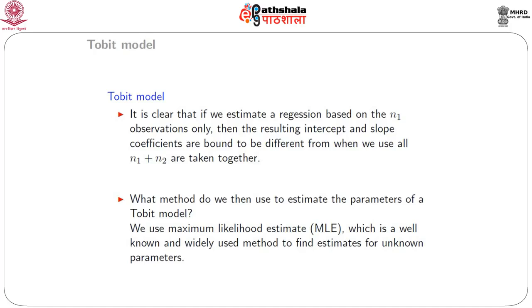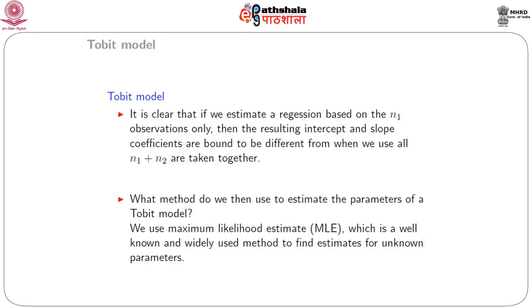So how do we estimate the parameters in a Tobit model? If we write the probability of yi equals 0 given xi equals probability xi beta plus epsilon i less than or equal to 0 given xi, that equals probability epsilon i less than or equal to negative xi beta by rearranging the terms.